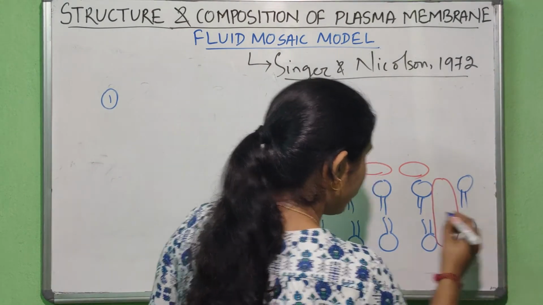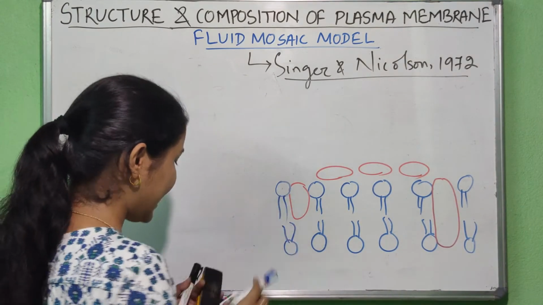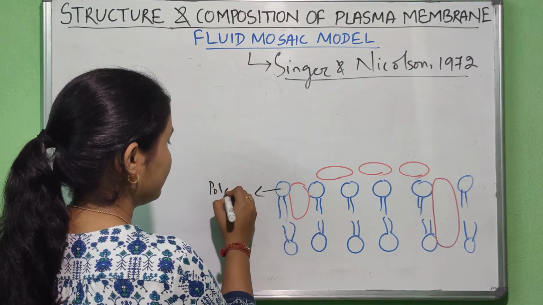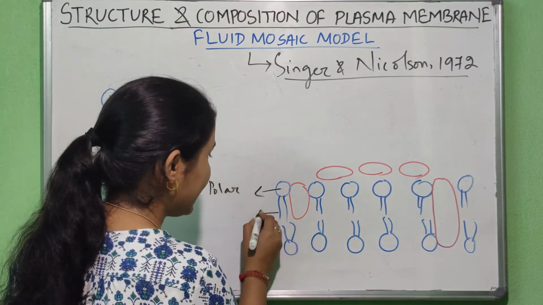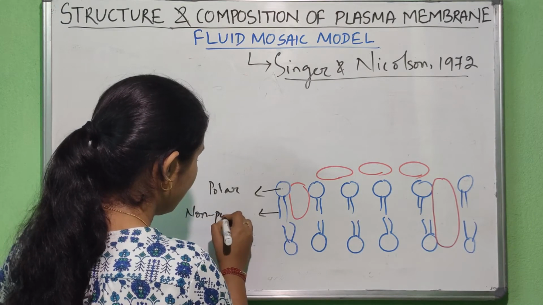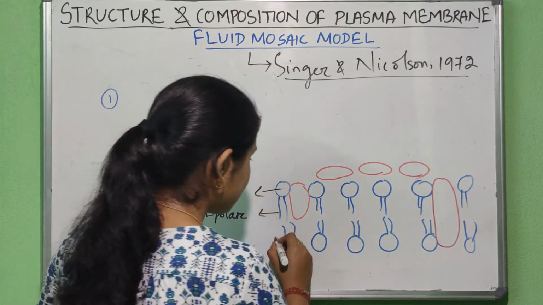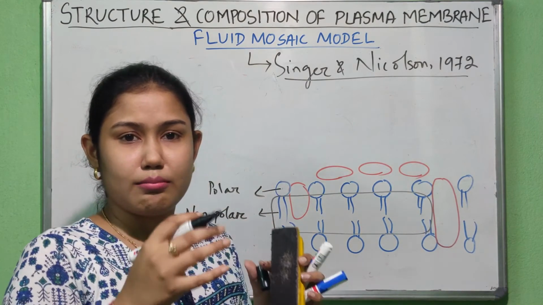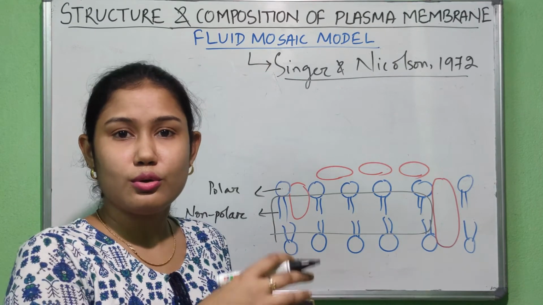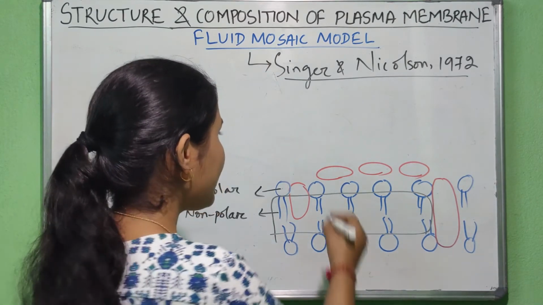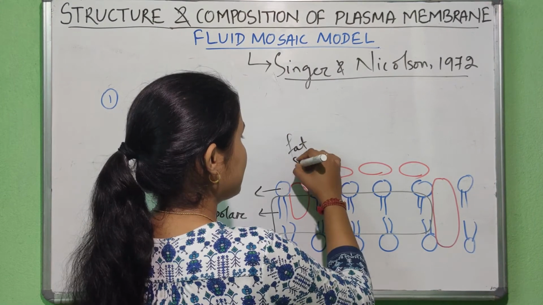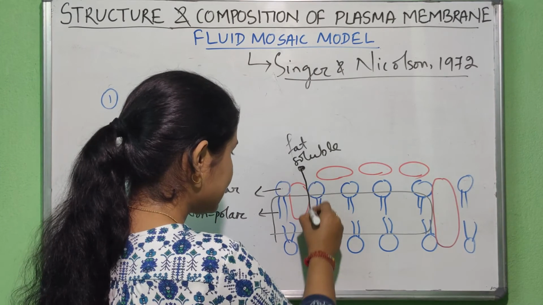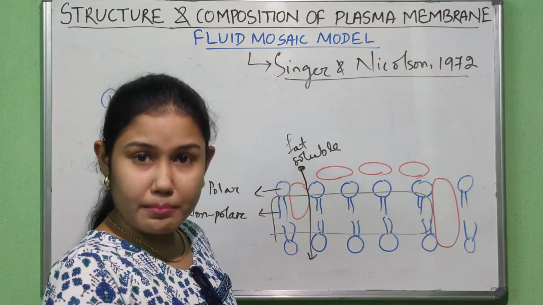So we all know that the head of lipid is polar. Okay. And the tail is non-polar or hydrophobic. So this environment is suitable for lipid to be transported, right? So if a fat soluble substance is coming, then it can easily pass through the plasma membrane.